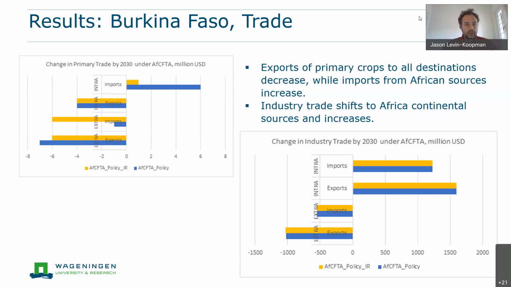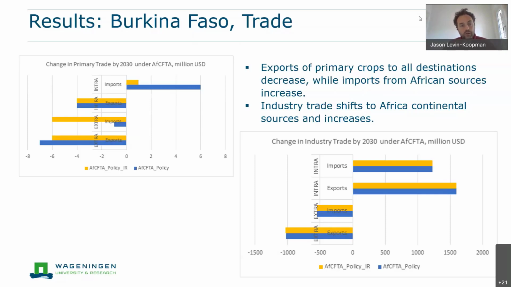So you see, as expected, increased irrigation leads to higher domestic production and consumption. This reduces imports.